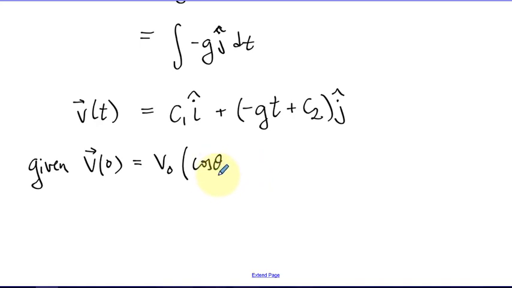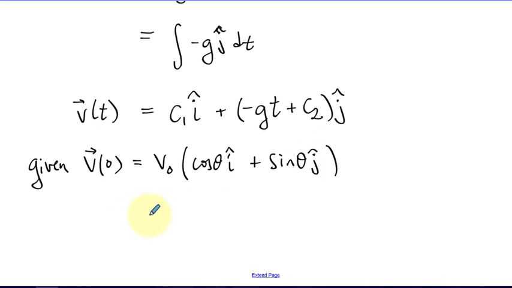Very important to recognize that theta is a constant. That's the initial angle of the velocity. Of course, the angle of the tangent as it moves along changes, but this is only the initial angle, and that doesn't change. The initial angle is always the initial angle, so theta doesn't change. i plus sine theta j. This is my initial velocity.